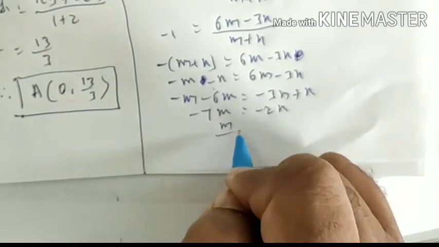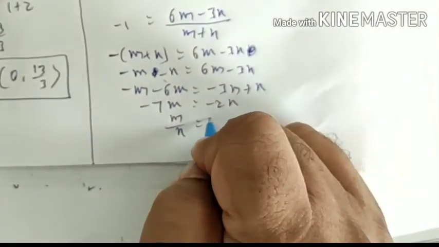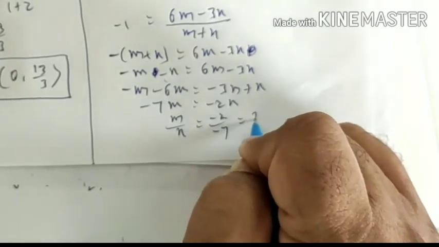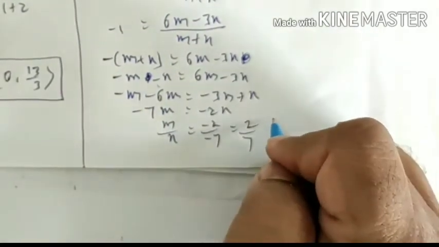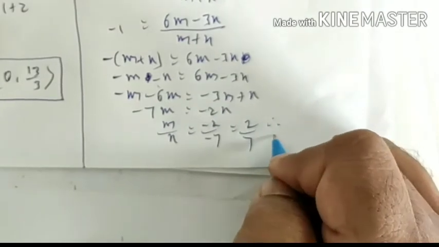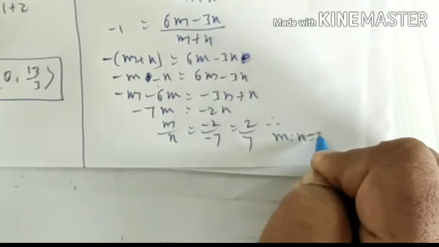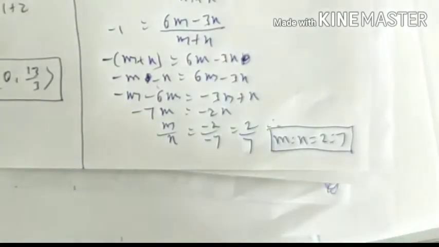Or m upon n is equal to, how much we get? Minus 2 upon minus 7, that is 2 upon 7. So our answer is m is to n is equal to 2 is to 7. This is our answer.